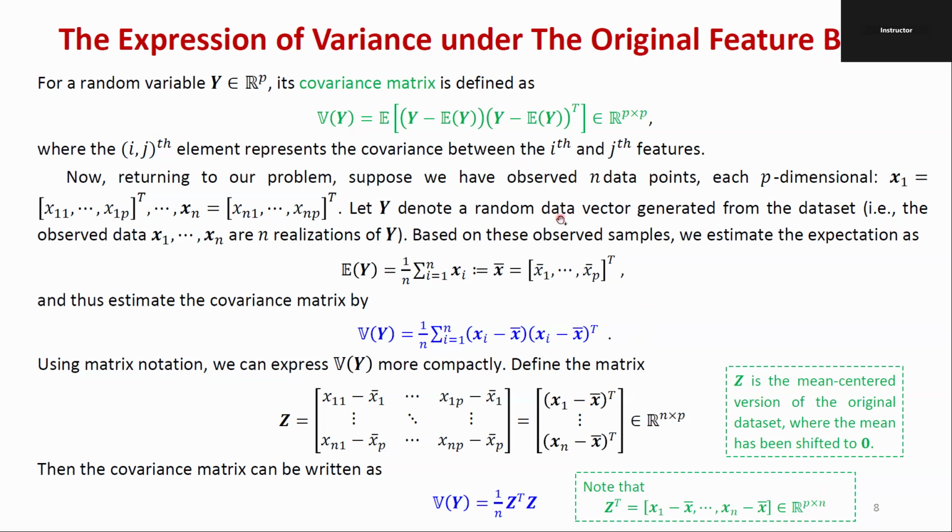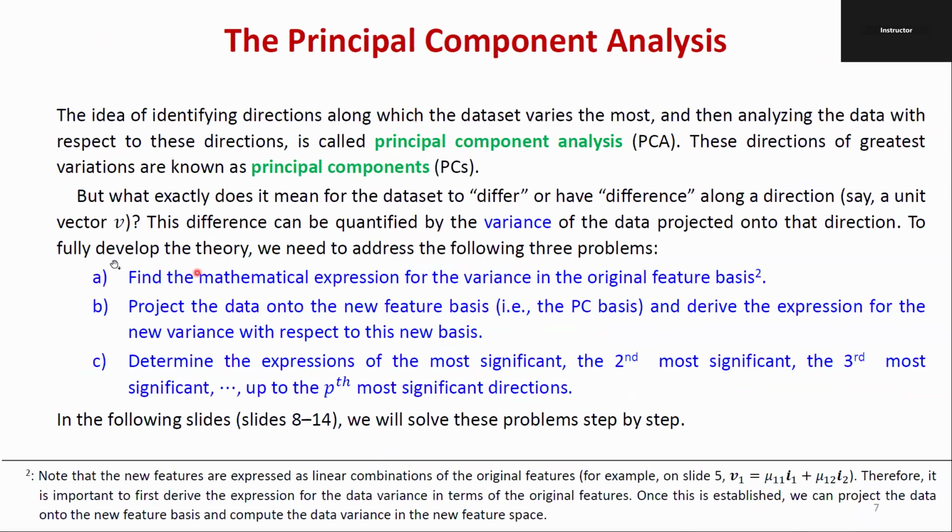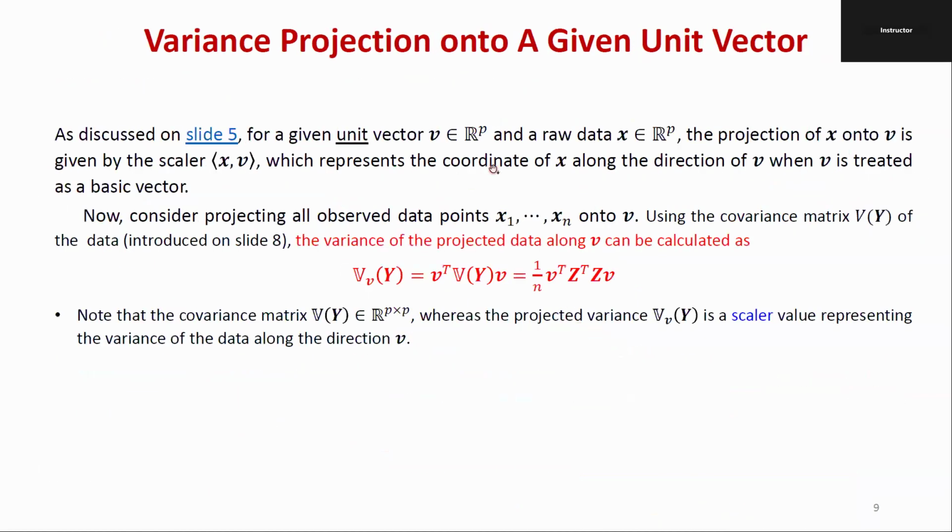Okay, so now I've solved the first question, which is to find the mathematical expression for the variance in the original feature basis. Second, I need to project the data onto the new feature basis, which are the PC basis. Here, I assume I know the basis, which will actually be solved later. Then how to project? It's actually super simple.